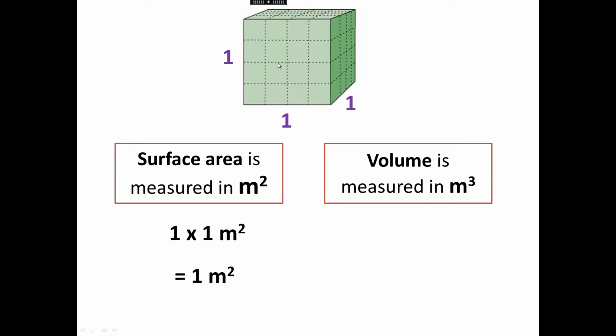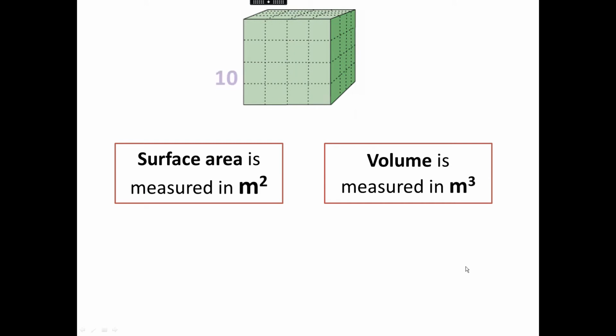Now, a cube has 6 sides, so the total surface area of the cube would be 6 times 1 meter squared, 6 meters squared. The volume would be 1 times 1 times 1, therefore 1 meter cubed. Okay, so this total surface area would be 6 meters squared, and the volume would be 1 meter cubed.